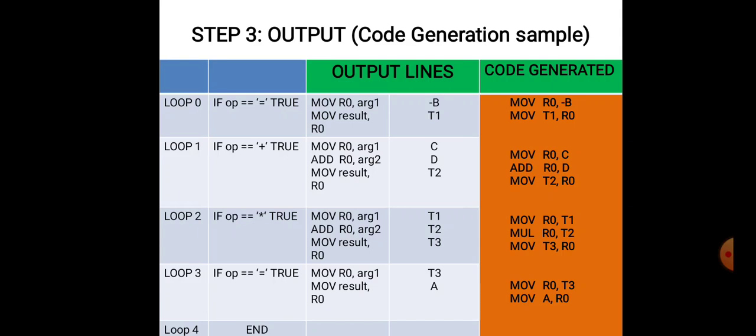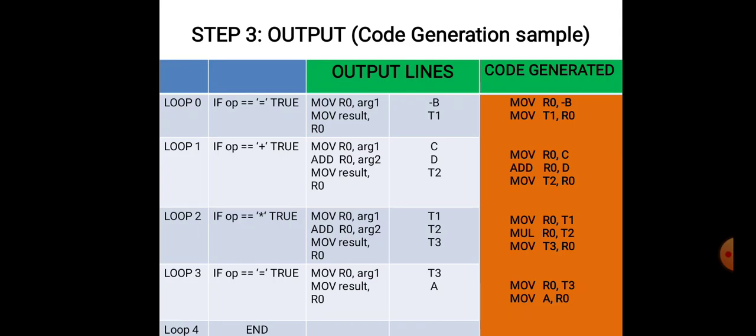In the second sub expression we have operator plus. If plus is compared to the addition operator and is successful, then the corresponding target code is move R0 comma argument 1.